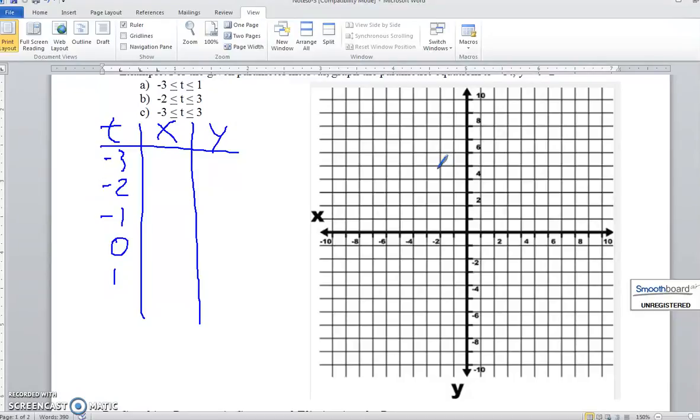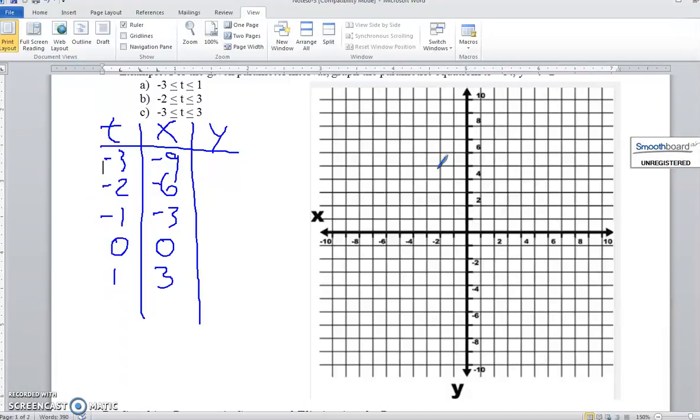Then I need to evaluate what x and y are at those different times. We'll deal with x first. Since x is 3 times t, 3 times -3 is -9, then -6, then -3, then 0, then +3. Then I do the same thing for y, and y is t squared minus 2.